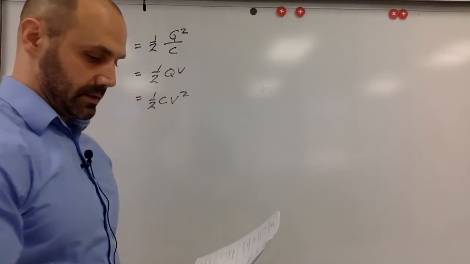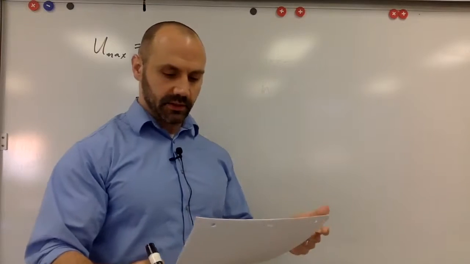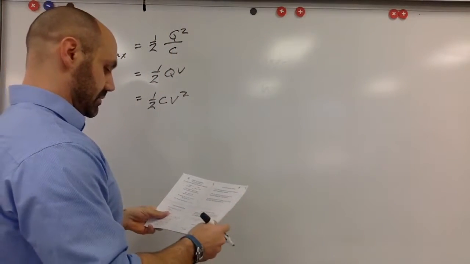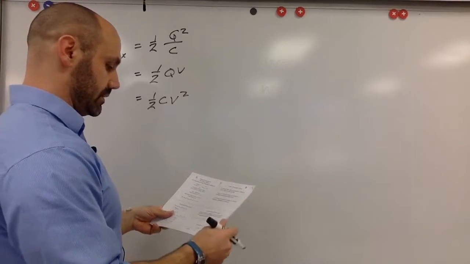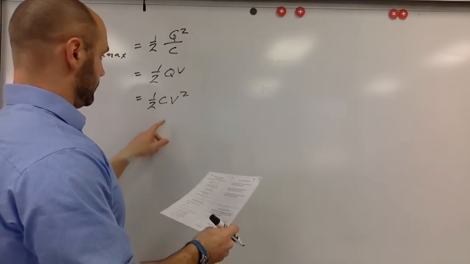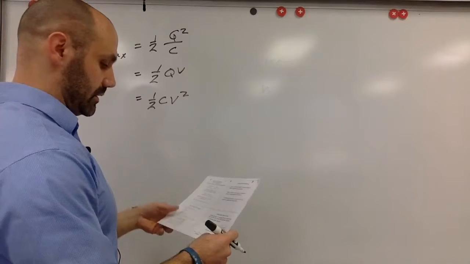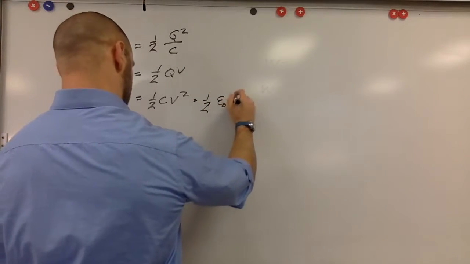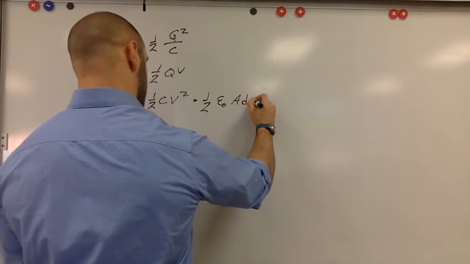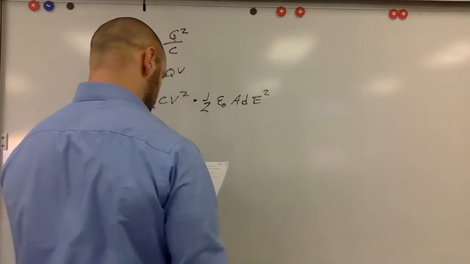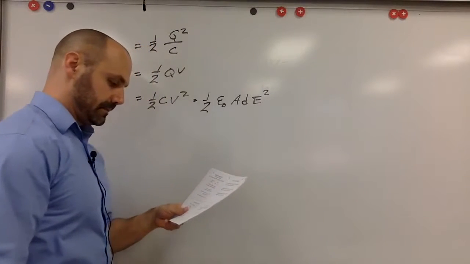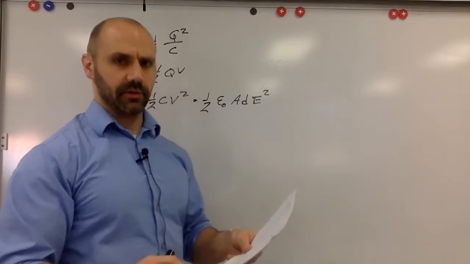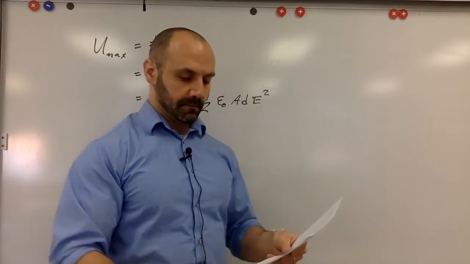Since it's CV squared, C is epsilon naught A over D, and the V is negative ED, as you can see there. It's also equal to 1/2 epsilon naught AD times E squared. And then energy density, I'm not sure if you're going to see this again, but it's here.